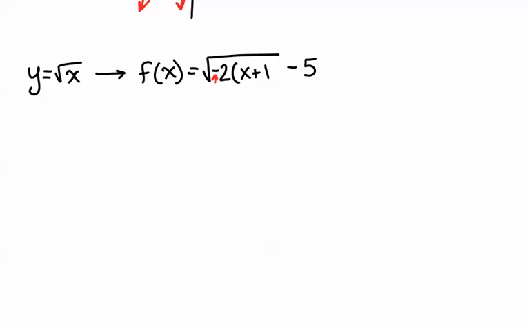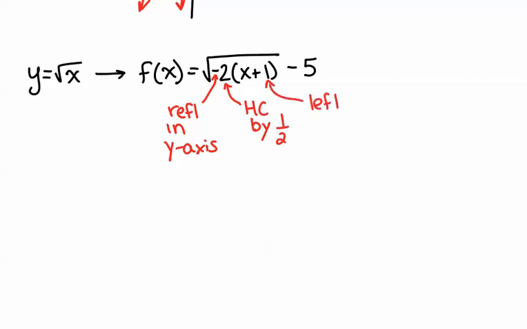So this negative sign here and this 2, they're both our k values since they're inside of the function. So the negative is going to cause a reflection in the y-axis, and the 2 is going to cause a horizontal compression by a factor of 1/2. This positive 1 here is going to shift our graph left 1, and this minus 5 is going to shift it down 5.